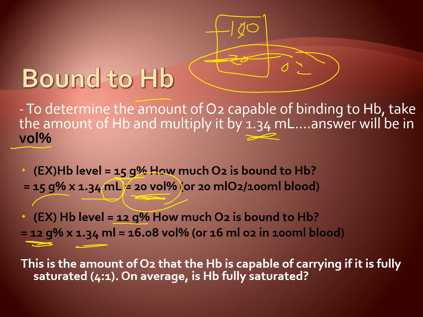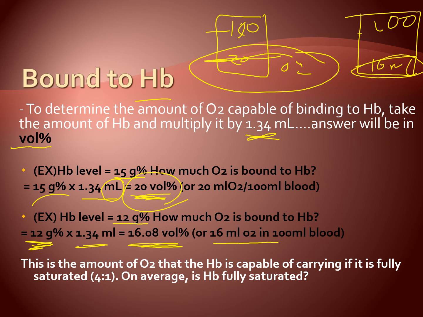And that tells you how much volume of oxygen this patient can carry with only 12 grams of hemoglobin. So this patient can only carry 16.08 volumes, or 16.08 mLs of oxygen in this 100 ml sample. So that's over here, 100, and this person over here can only hold 16 mLs of this 100 ml sample.